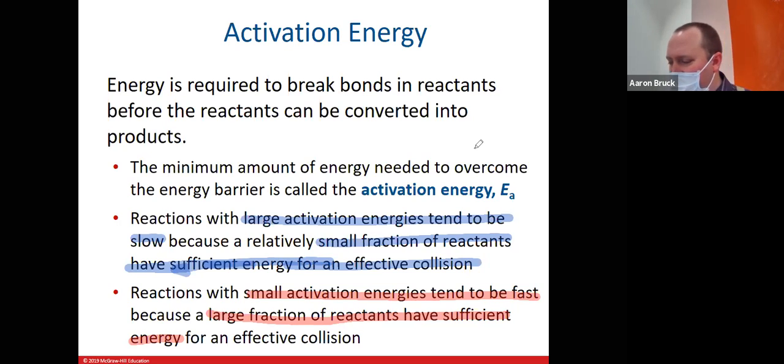So activation energy plays a significant role in the ability of a reaction to be effective or ineffective, to be fast or slow. If I have a large activation energy, I'm going to have fewer effective collisions, which means I'm going to have a slower reaction overall. If I have a low activation energy, I'm going to have more effective collisions because it's not going to require as much energy to get an effective collision.